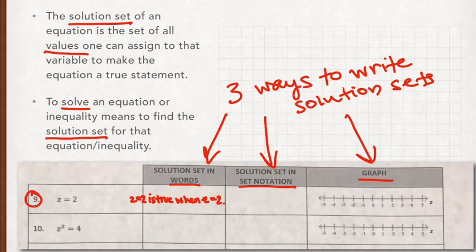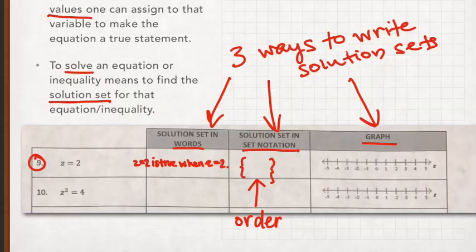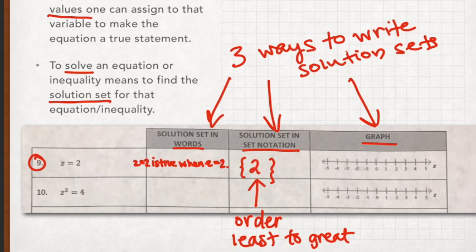Now, if I were to express the same, but using set notation, then what I would need to do is open up brackets and close brackets. And whatever the values are going to go inside of the bracket, they are going to go in order from least to greatest. In this case, because I only have one value that can be substituted for z, the only value I can put in there is a positive 2.